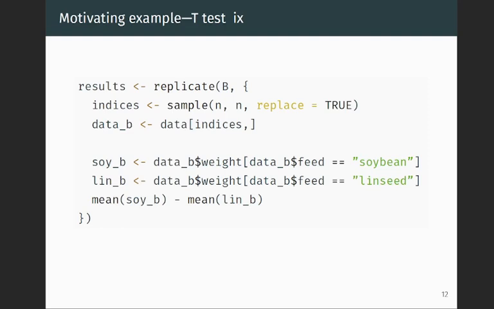And here I'm doing this after resampling the data because the sample size, the number of soybean fed chicks and the number of linseed fed chicks, will change because remember we're sampling with replacement. And then finally I can extract the average difference, so mean soy_b minus mean lin_b. And I repeat this B times.